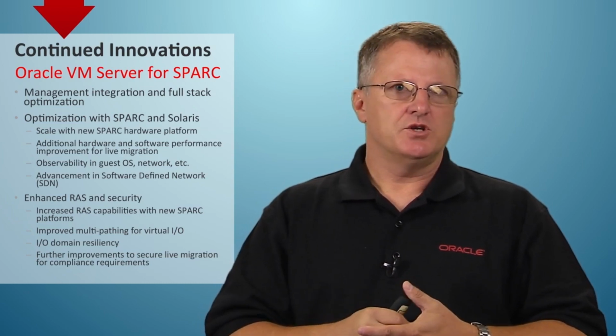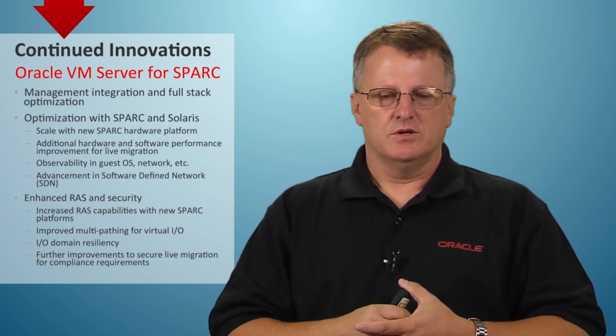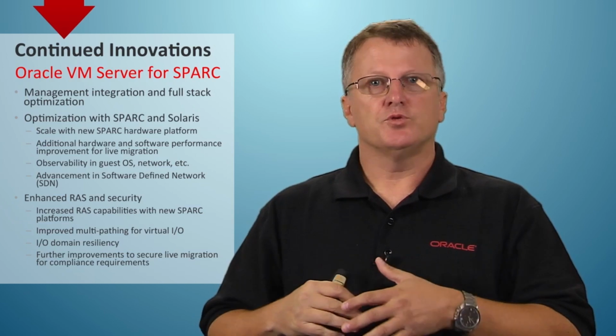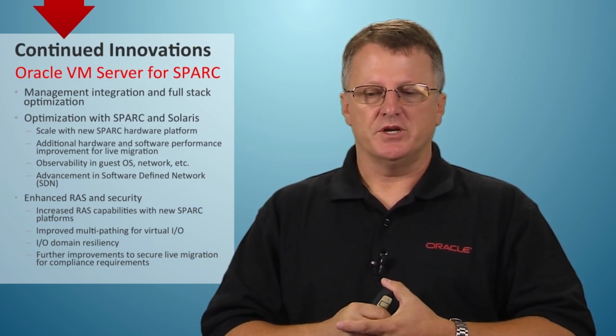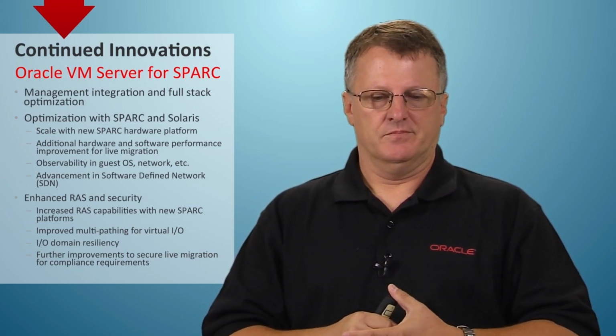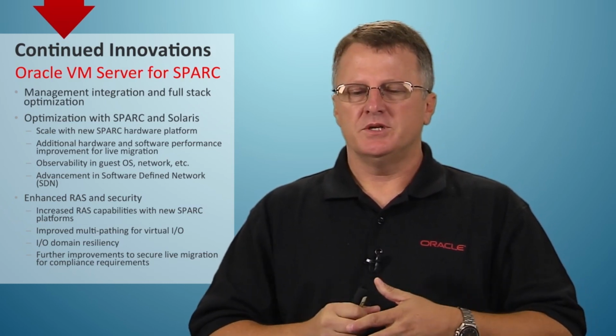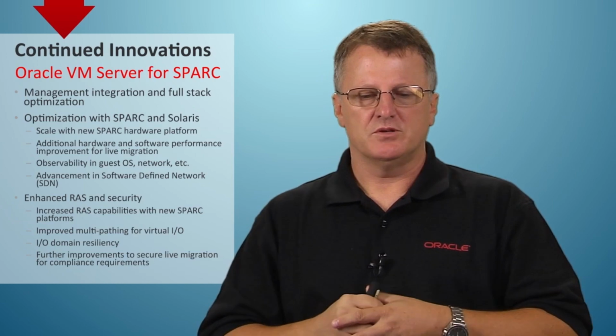We will be taking advantage of some new technology that's coming out in the future SPARC hardware platforms to further accelerate and further reduce overheads associated with operations such as live migration. We're going to be offering a number of observability and manageability improvements, especially in terms of networking and virtual nets.